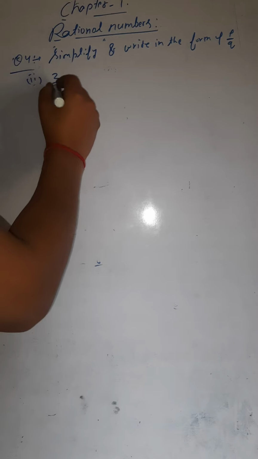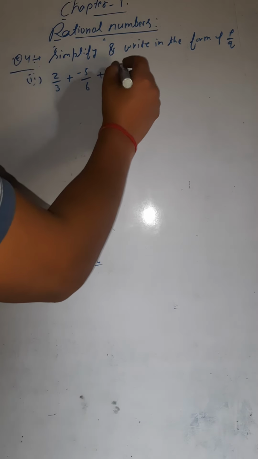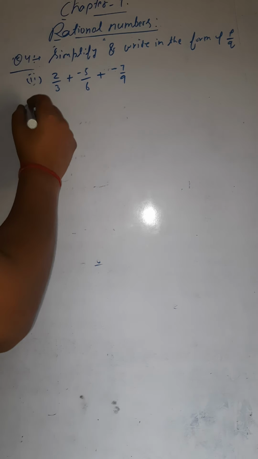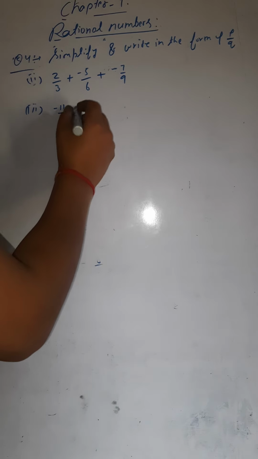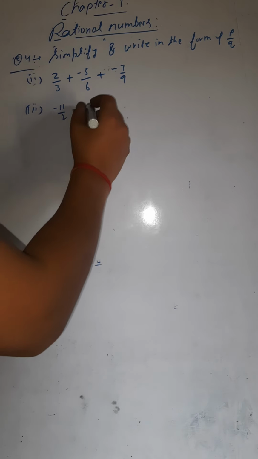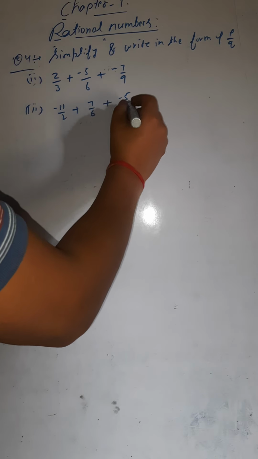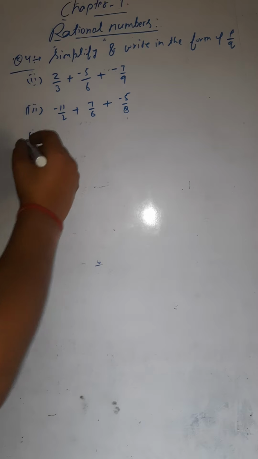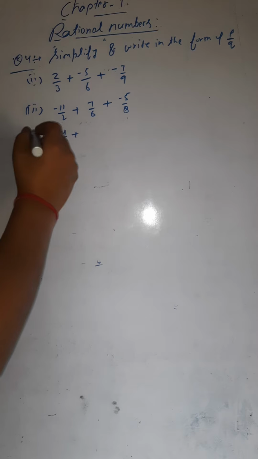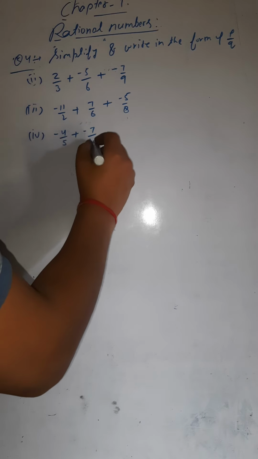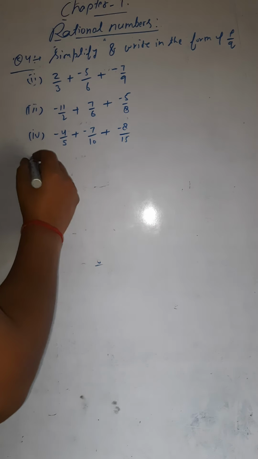2 by 3 plus minus 5 by 6 plus minus 7 by 9. Third question: minus 11 by 2, 7 by 6 plus minus 5 by 8. Fourth one: minus 4 by 5 plus minus 7 by 10 plus minus 8 by 15.